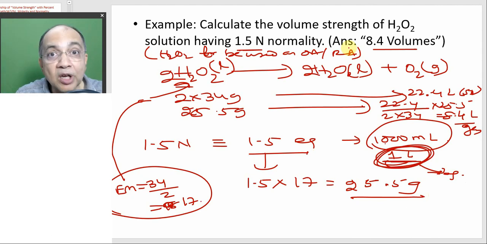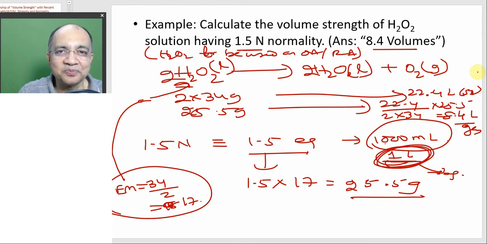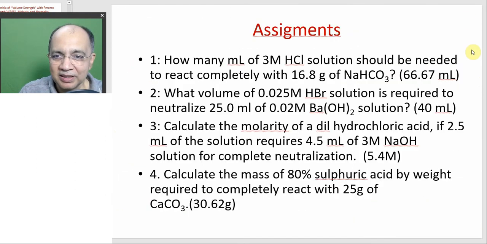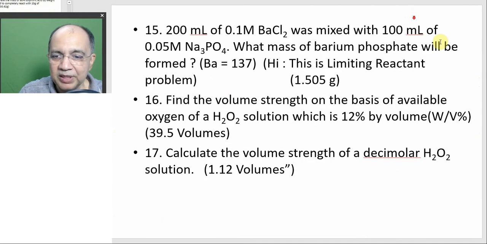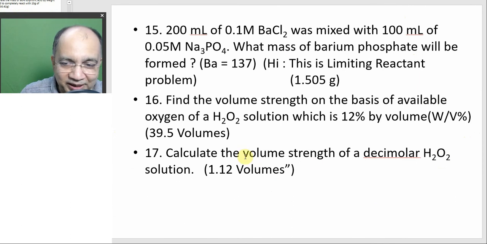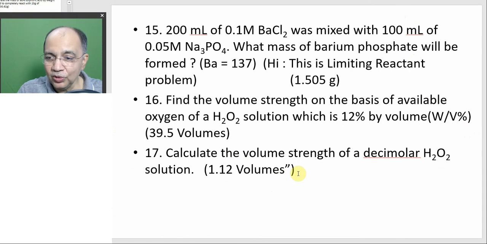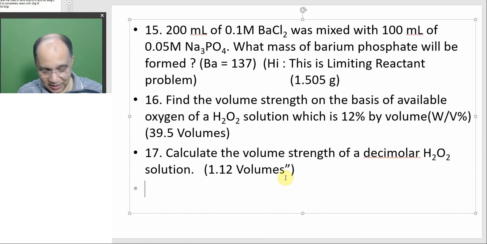So you solve some problems. Unless you solve some problems yourself, it's not possible. I have given you 17 assignments. In the last question, I have asked you to find the volume strength of H2O2 which is decimolar. And I would also like to give another task.